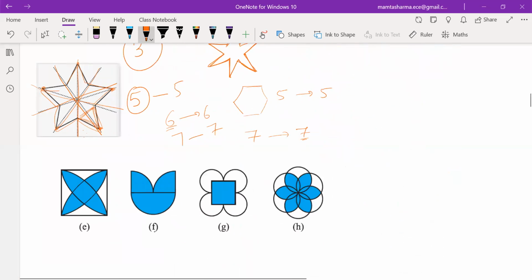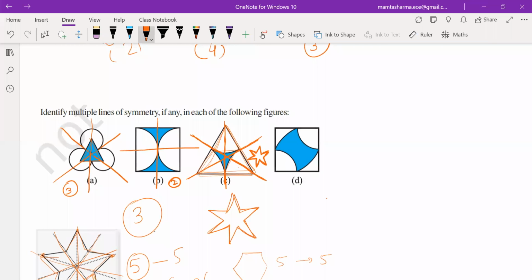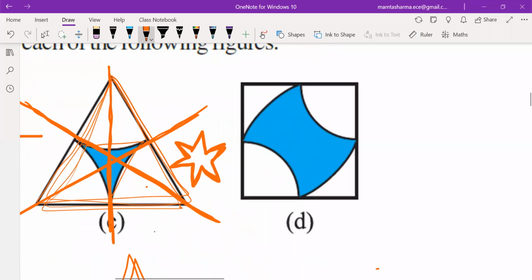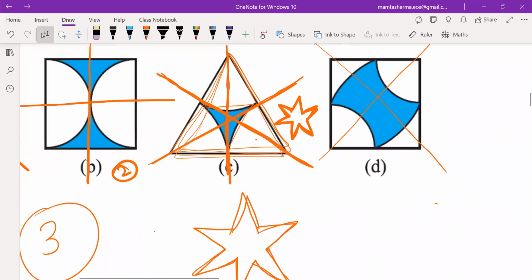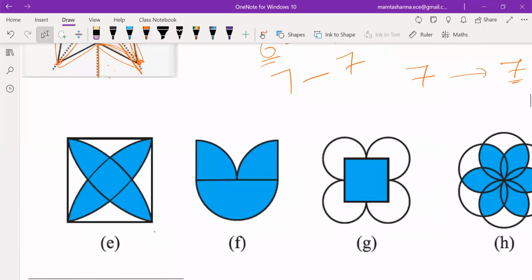Now, for this figure, draw it, and all of you please tell me how many lines of symmetry would exist for this figure? Ma'am, 2. Horizontal and vertical? Ma'am, no, not horizontal and vertical. Ma'am, crossed one. Only the crossed one. Yes. Clear? Yes, ma'am. Next. This one.